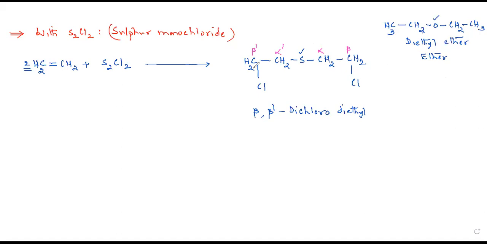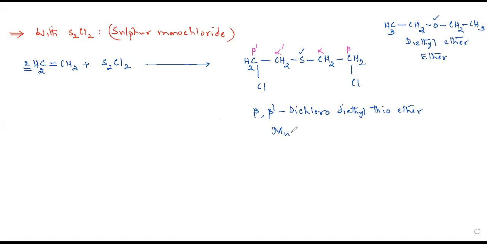So let me call this beta, beta dash, dichloro, diethyl thioether. In general, when oxygen is replaced by sulfur, the word thio is prefixed to the name of the original compound. That's what I did. Beta, beta dash, dichloro, diethyl thioether.